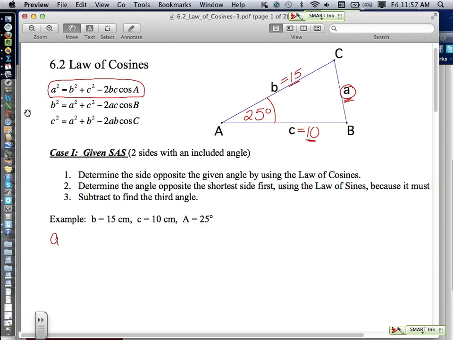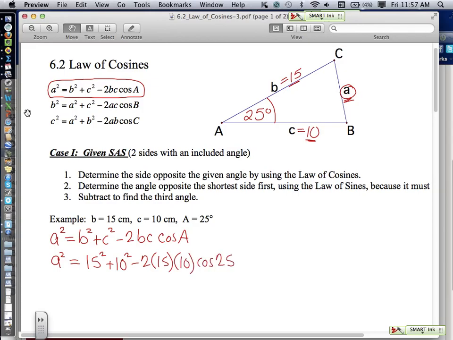We have a squared equals b squared plus c squared minus 2bc cosine A, and then just fill in the blanks. So a squared equals, our b is 15, so we have 15 squared plus 10 squared minus 2 times 15 times 10 times the cosine of 25 degrees.